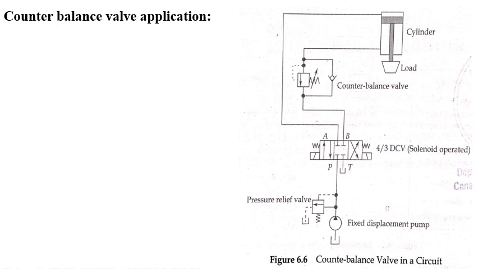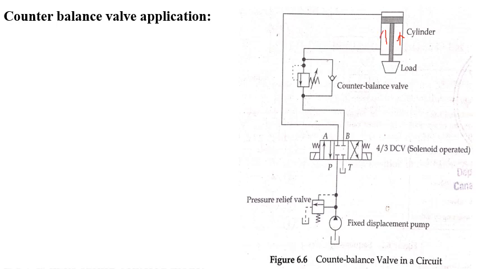The main purpose of including the counterbalance valve in this circuit is to create a back pressure or cushioning pressure on the rod end of a vertical cylinder to prevent the suspended load from free falling because of gravity. This counterbalance valve creates some back pressure here.